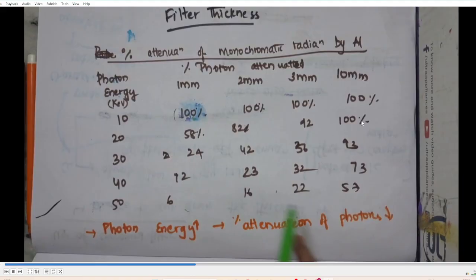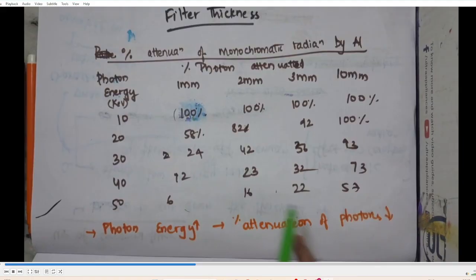So the quality of the beam is not significantly altered, but its intensity is greatly diminished. This lengthens the time required to make an exposure, which increases the likelihood of the patient moving during the examination.